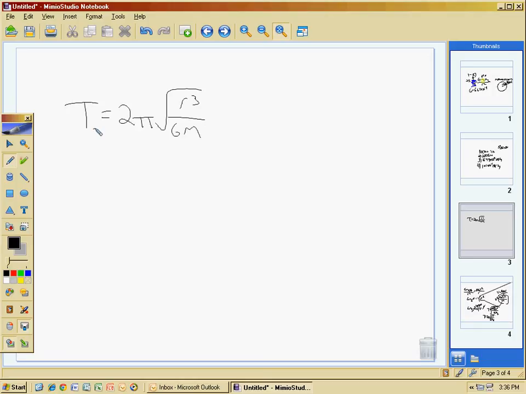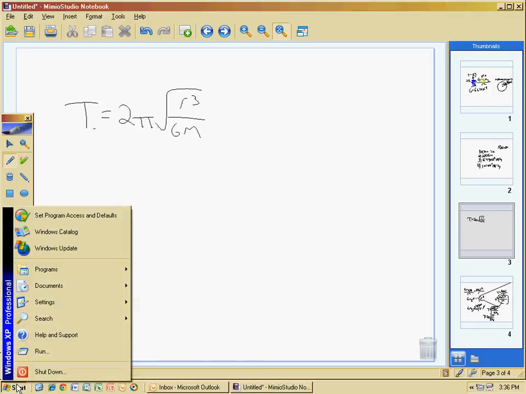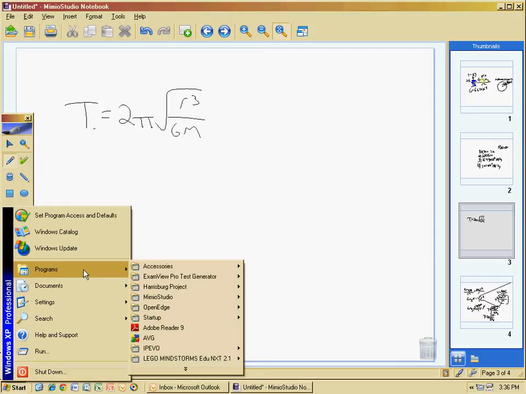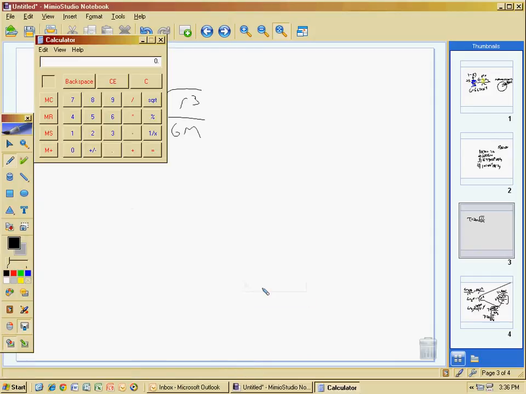All right, so now what this question actually asks is about a geosynchronous orbit. Okay, so we know the period is the same as the rotation of the Earth. Well, to figure that out, remember, this all has to be in SI units, and the SI unit of time is seconds. So what we have to say is the Earth rotates in 24 hours.